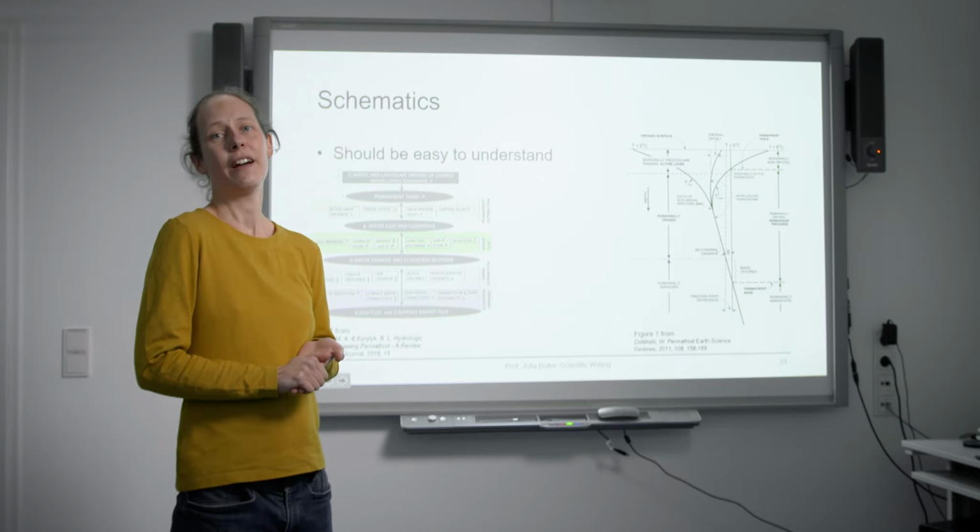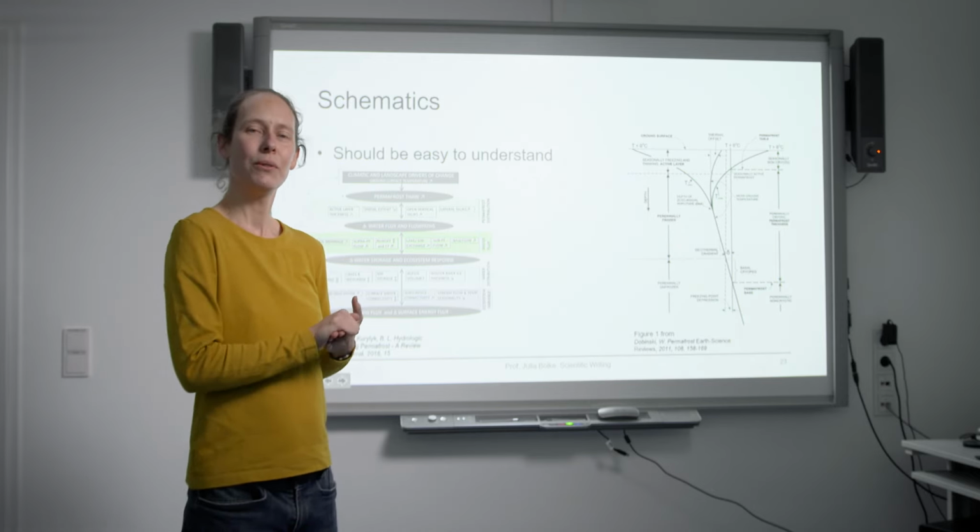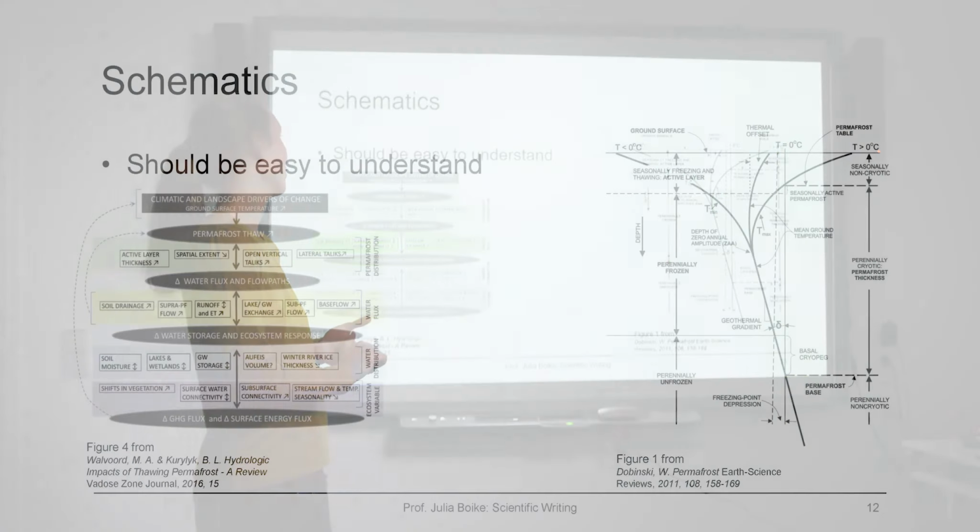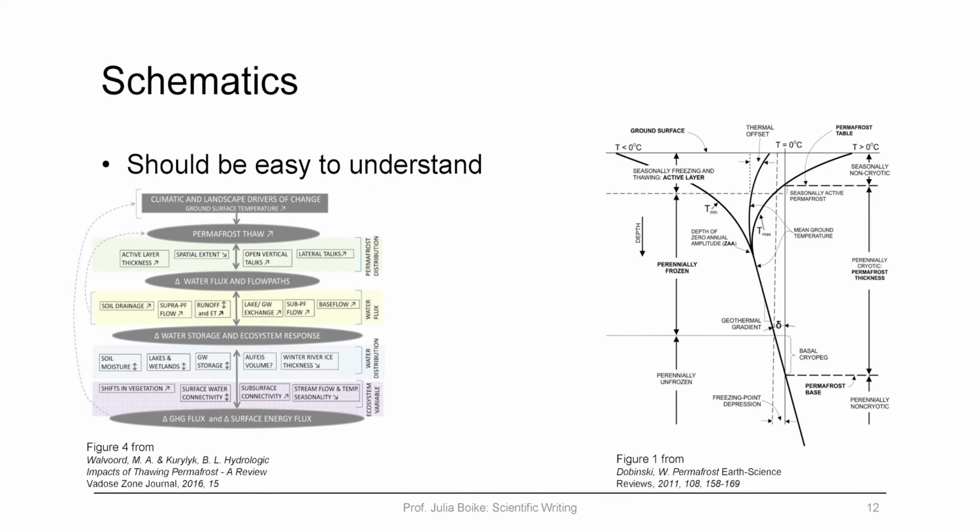So this slide is an example of how not to do your schematics, because I think both of these schematics have too much text. People won't want to read it. It might be very important to show all this, but I think it would have been better to reduce the content of these schematics and show only things that are really important.